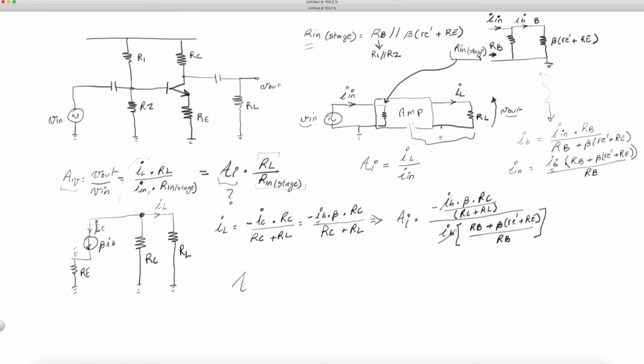So now we have AI, and let's look at what we can do here. Beta RC times RB divided by RC plus RL times RB plus beta RE prime plus RE.